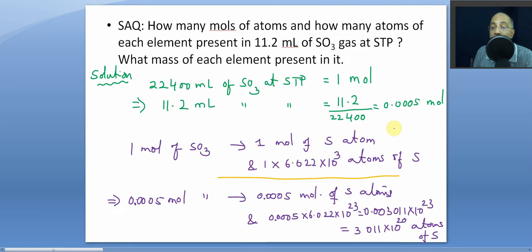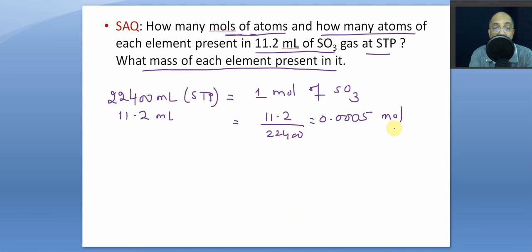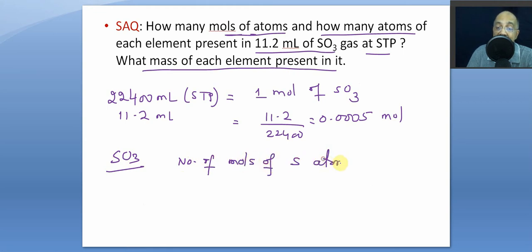So once we know the number of moles of molecules, then you can find out the number of moles of atoms. So since in SO3, one molecule has 1 atom of sulfur, 3 atoms of oxygen. So number of moles of sulfur atoms is equal to same 1 into the number of moles of molecules.